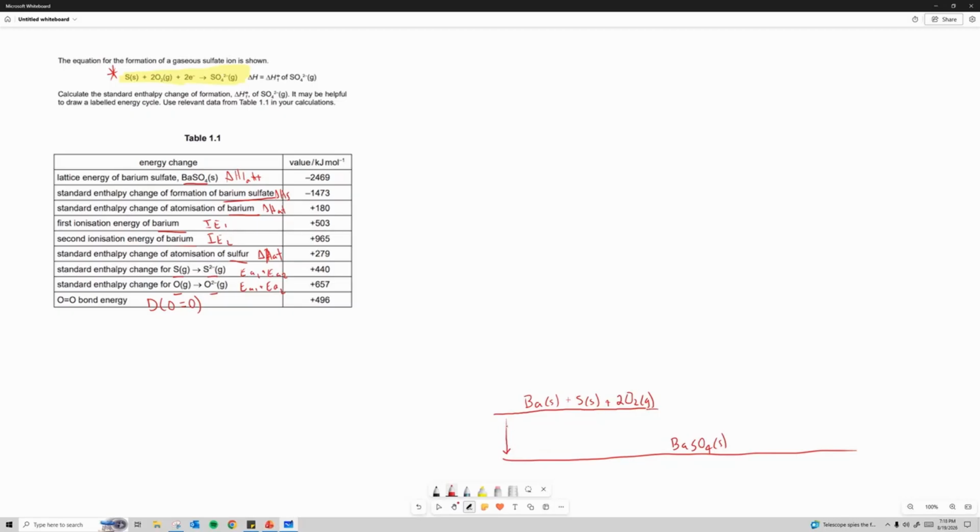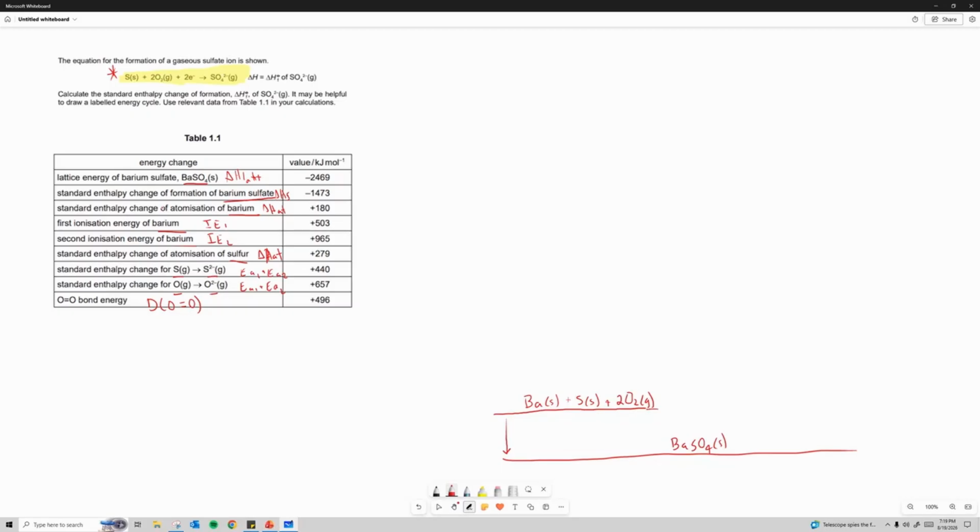But look at what I'm going to do in order to make my life easier. Because remember, time is of the essence when you're doing this test. Instead of writing delta H formation BaSO4 solid, which is a handful, I already have that labeled up here. I have the enthalpy change of formation of barium sulfate right here.